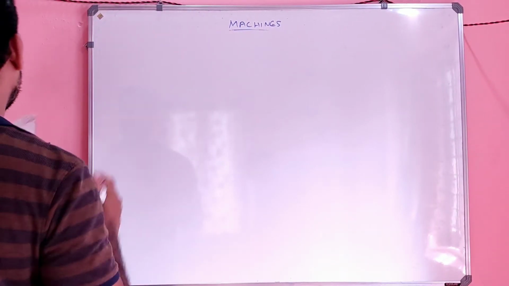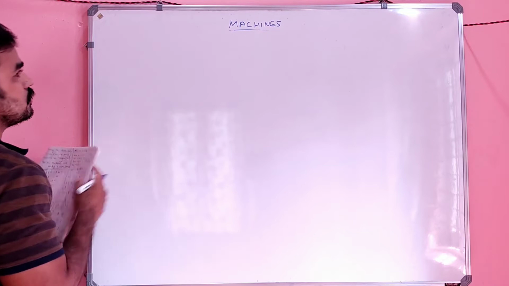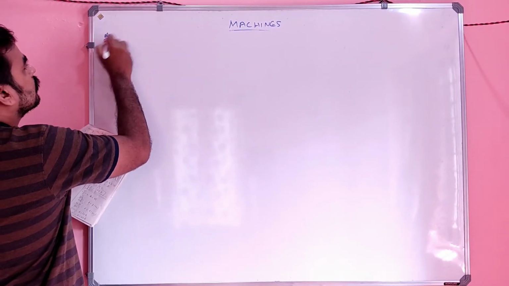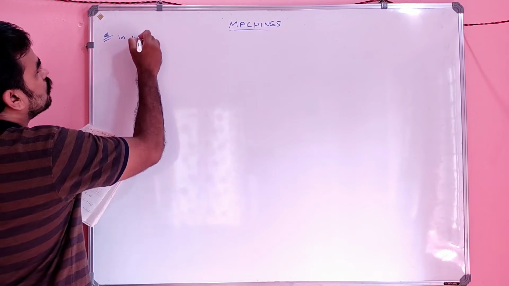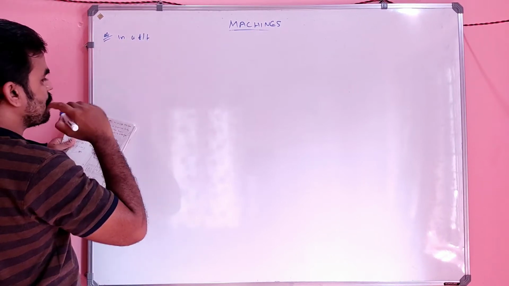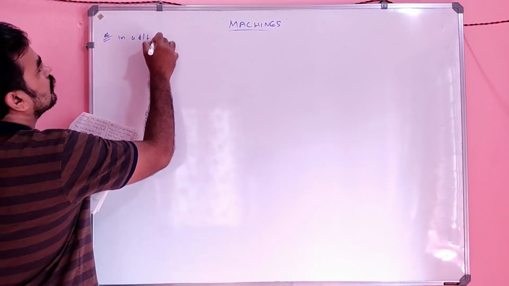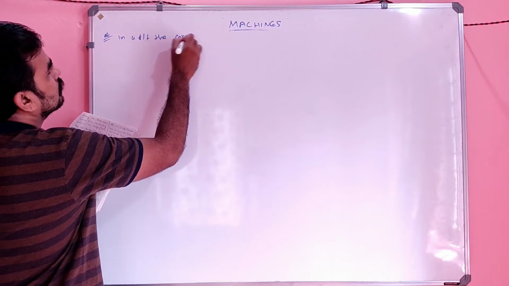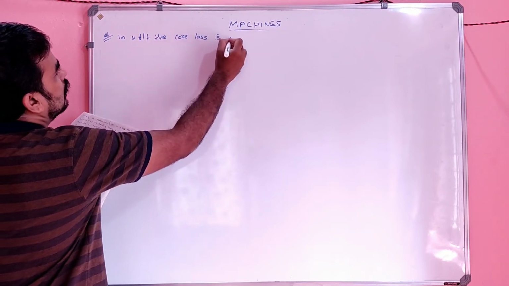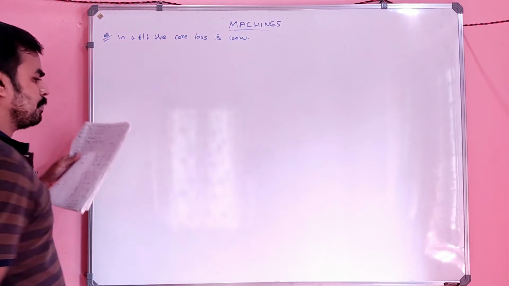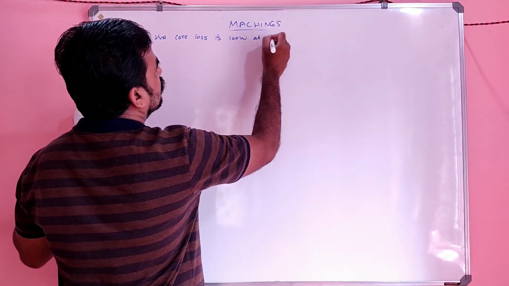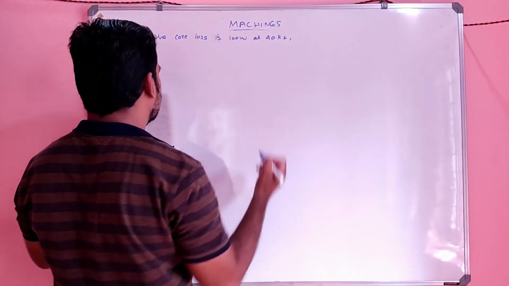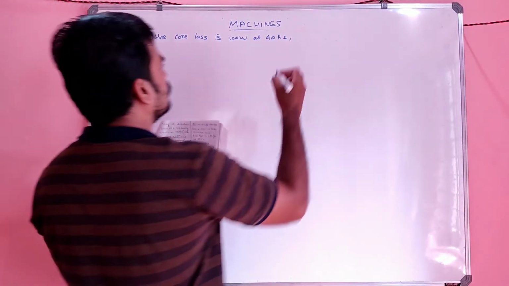So write a question. In a transformer, the core loss is 100 watt at 40 hertz, comma 72 watt at 30 hertz.